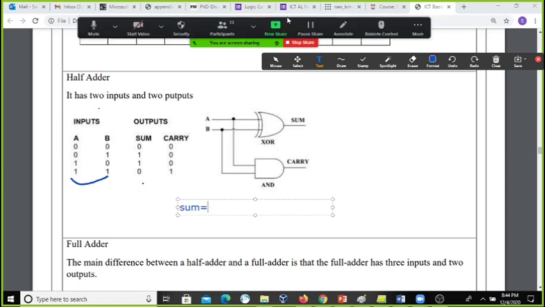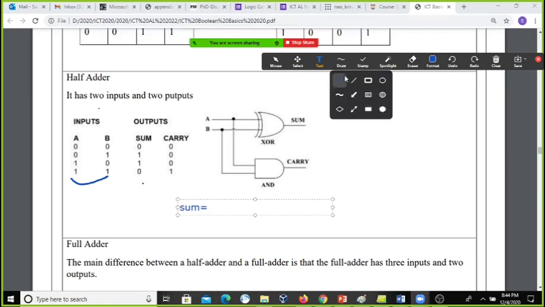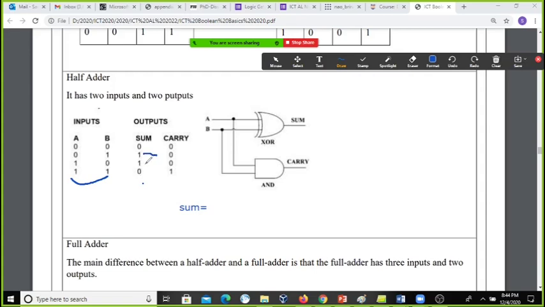Then you can see sum should be equal to, here there are two ones. This is one and this another one. There are only two inputs, A and B. So here A is 0 and the other one B is 0. Therefore, you can write this Boolean expression is equal to A into B plus again A into B.